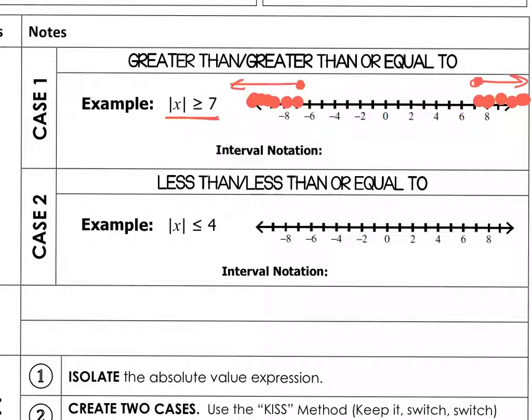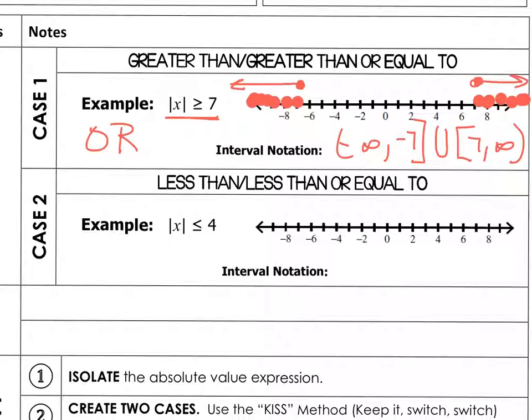So in interval notation, we've already learned this. This is just an or statement. So notice, and I want you to take note of that, this particular example creates an or situation. We have negative infinity, comma, negative 7, and it's included, union positive 7, comma, positive infinity, is the interval notation.